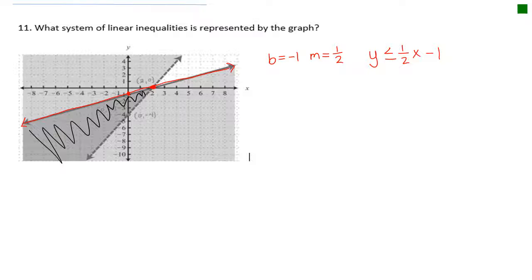Now we'll do the same thing for our other graph, and this one I'm going to use blue. It's kind of hard to go over this one in blue, but if we make this one blue, our y-intercept is down here at -4.